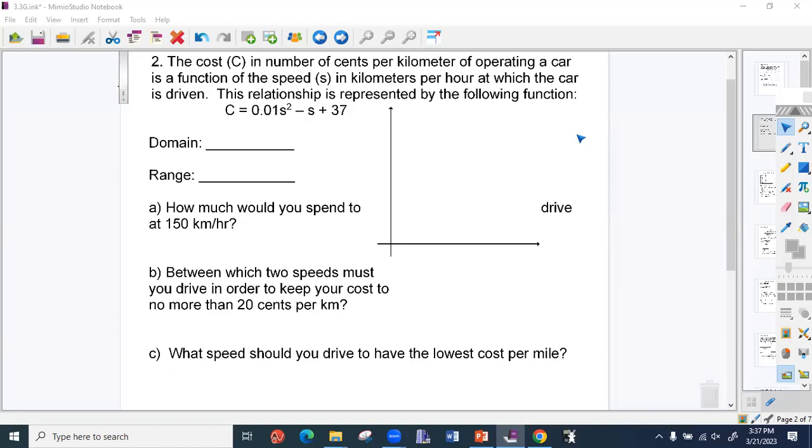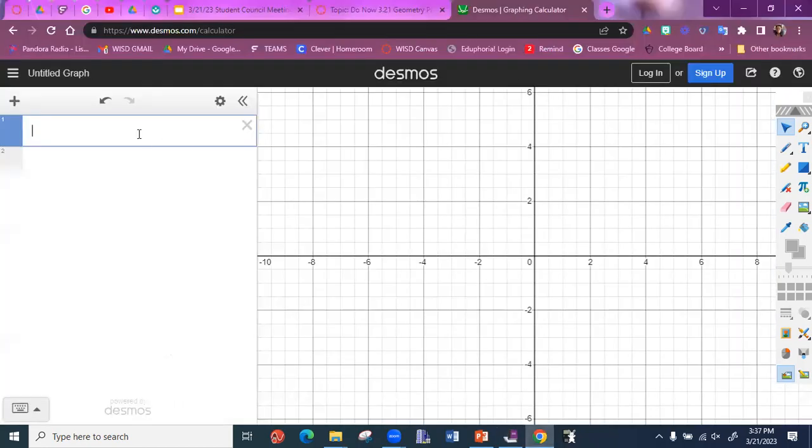Okay, so we're going to graph, find the domain and range that would help us be in the first quadrant, and then we're going to analyze and answer the following questions. Cool. All right, so we're going to go to Desmos. I printed it out.